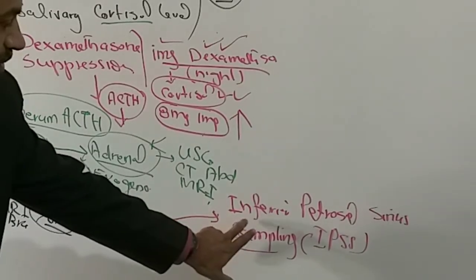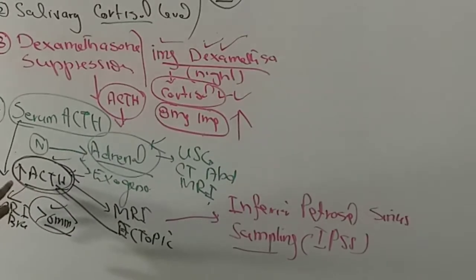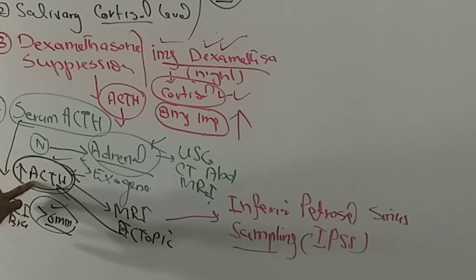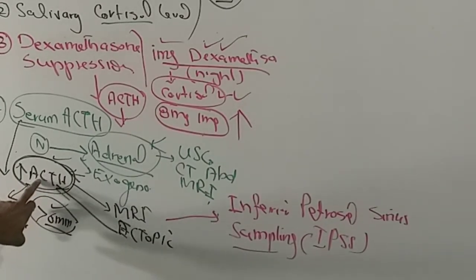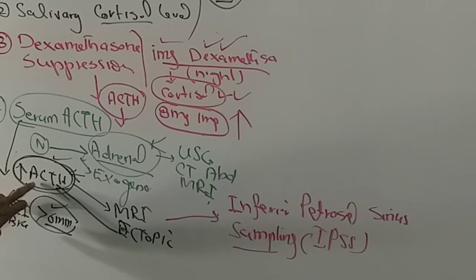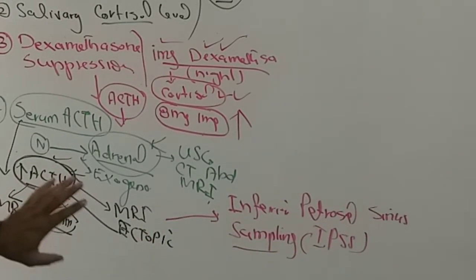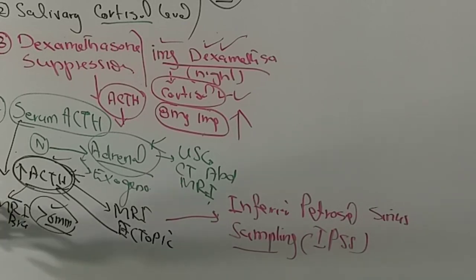And what we do is that this inferior petrosal sinus vein is draining blood from the pituitary gland. And if there is a higher concentration of ACTH in this sample, but the concentration of peripheral blood ACTH is less as compared to this one, then it is definitely coming from the pituitary gland.